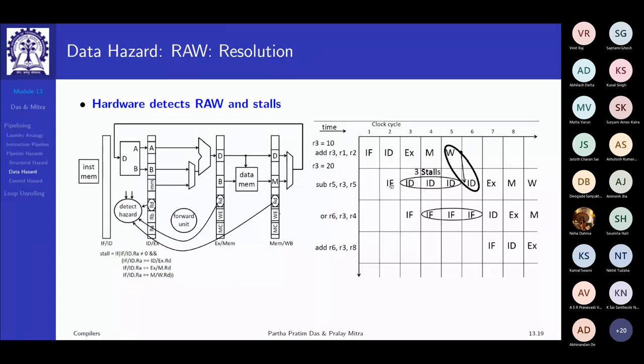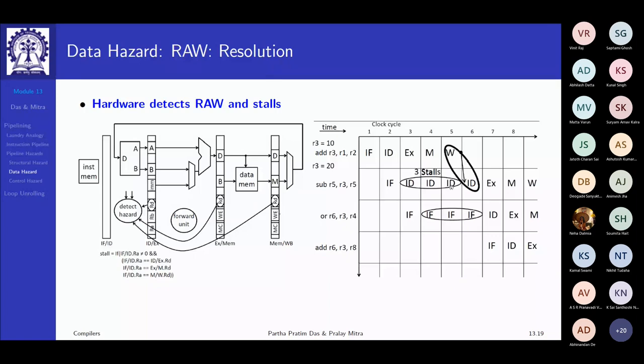If you look at sub, in cycle 2 it has been fetched. In cycle 3, it is expecting to decode and get the value of the register. It is not there. The value of register R3 will be available only in cycle 6 because it is written in cycle 5. So for cycles 3, 4, 5, this sub instruction cannot proceed. So the hardware will fill up with no ops here.